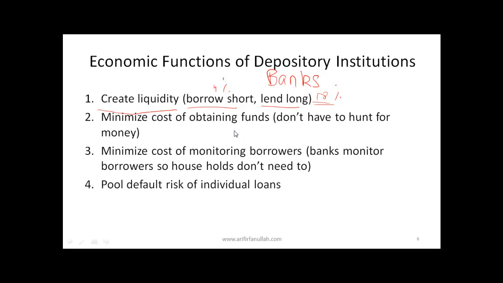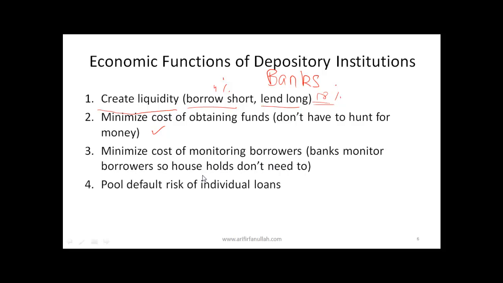But with a bank, the entire money is sitting in one institution which has been collected from the individuals, and now that money is being lent out. So for a businessman, the cost of obtaining funds, at least in theory, is lower. He doesn't have to go hunt for money. So that's number 2. Number 3 is minimized costs of monitoring borrowers.